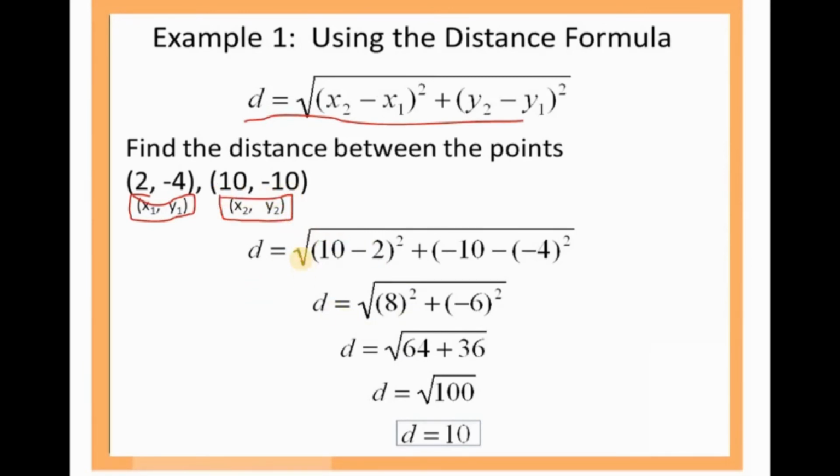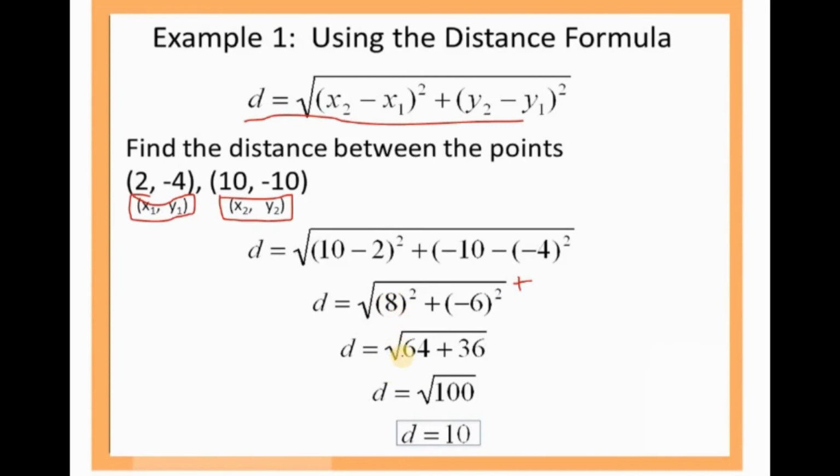Let's substitute the points: under root (10 minus 2) whole square plus (minus 10 minus of minus 4) whole square. That is 10 minus 2, that is 8, whole square, plus what is here, minus into minus, it is plus. So it is minus 6 whole square.